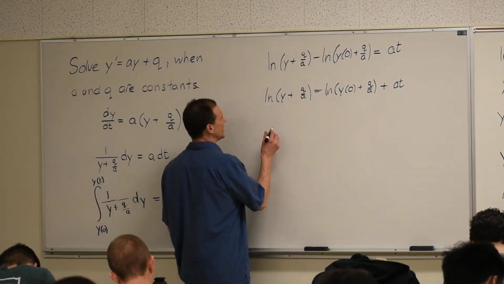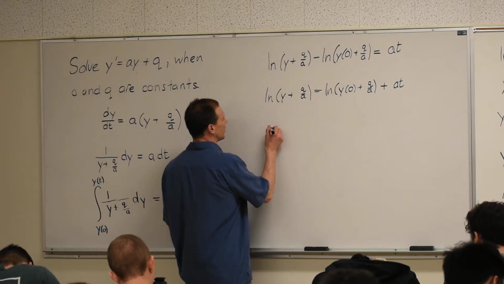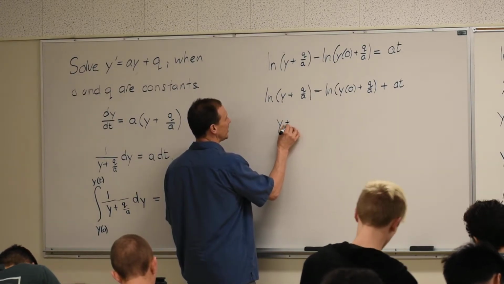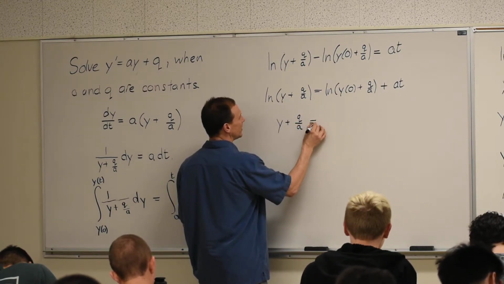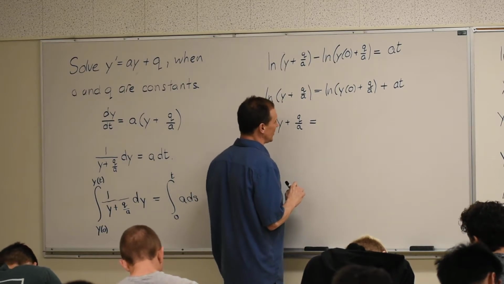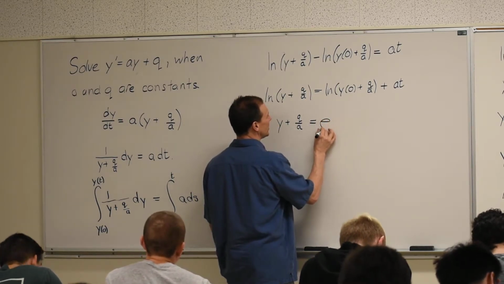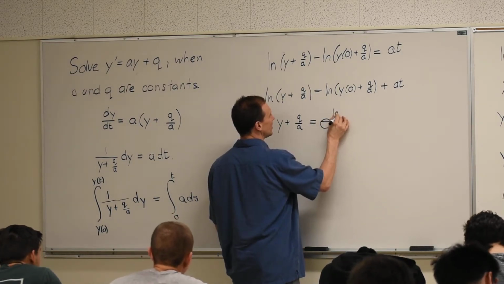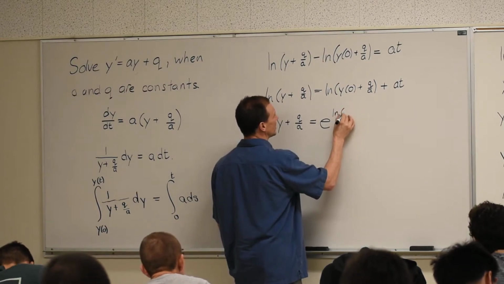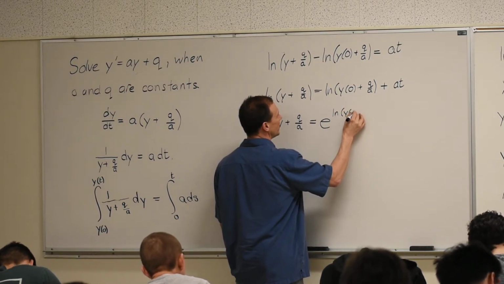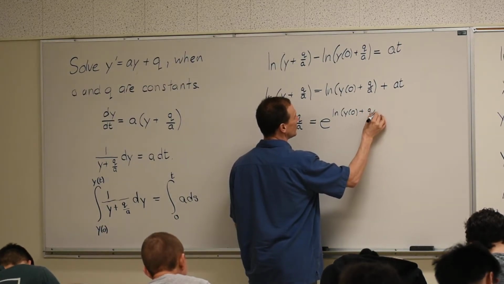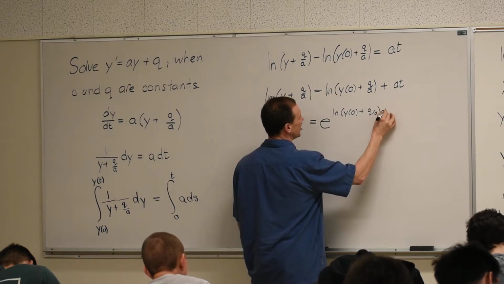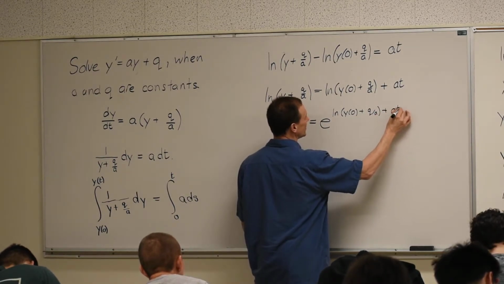Raise both sides to the e, and so on the left-hand side it cleans up pretty quick. We get y plus q over a. But on the right-hand side, we have this humongous piece, and I'll write it out. We'll clean it up. It's e raised to the natural log of y of 0 plus q over a plus at.